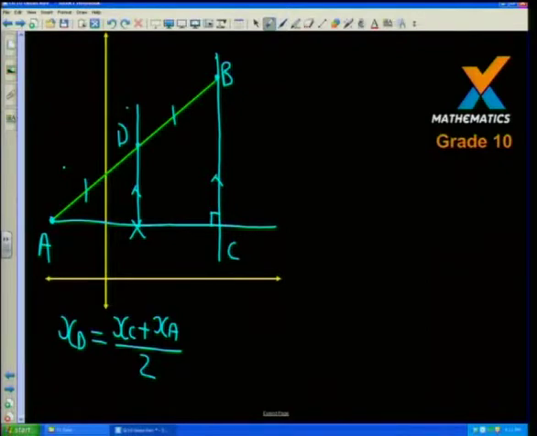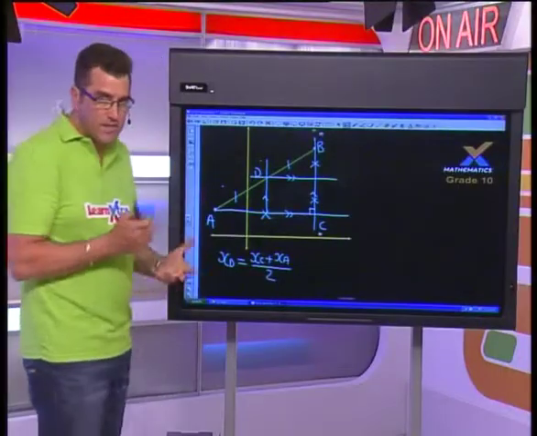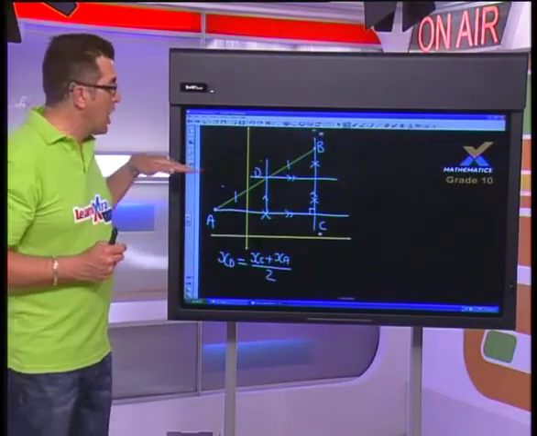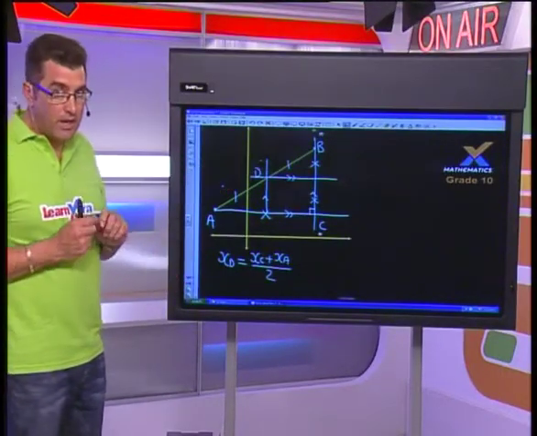The same happens for the y-coordinate. If I come in with a horizontal line over here that goes through that point, it will run parallel to the x-axis, and indeed it would halve that side as well. So if I want to find the midpoint of that side, it's going to be the same as the midpoint of D, because it runs along the parallel line.